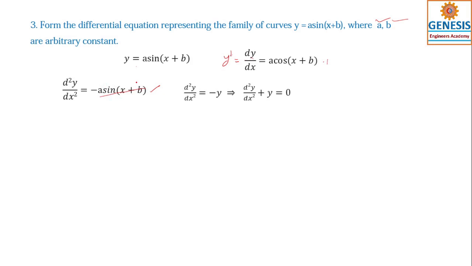I am explaining it again. This is the differential equation containing the second derivative and the dependent variable with respect to the independent variable, and this is the solution for this differential equation.